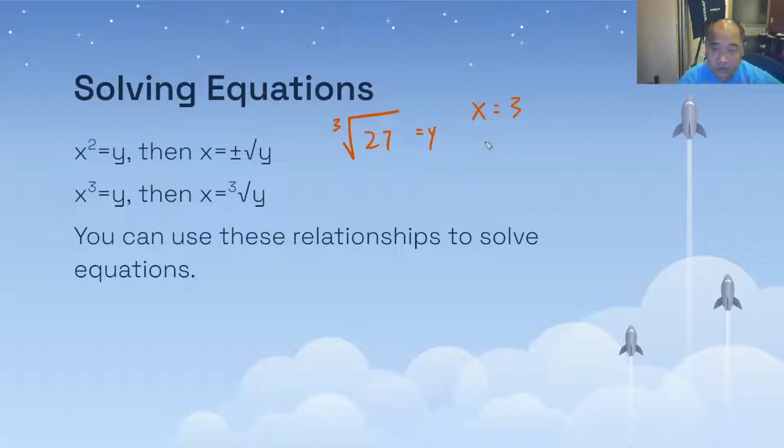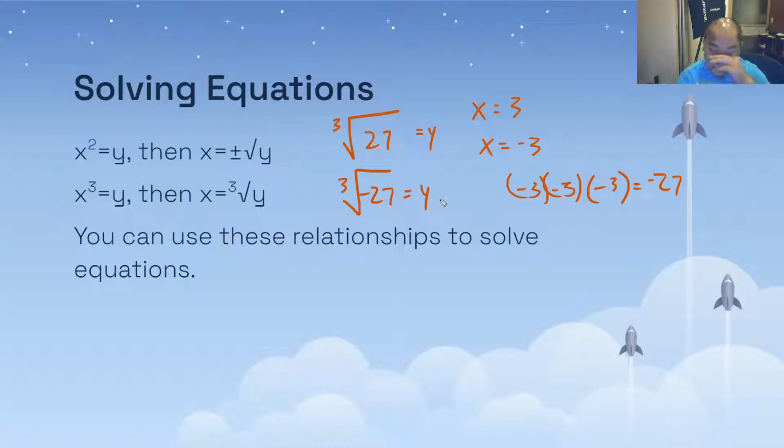No, because if x was negative 3 times negative 3 is positive 9 times negative 3. This is negative 27. So the cube root of negative 27 is negative 3. The cube root of 27 is 3. There's only one answer.